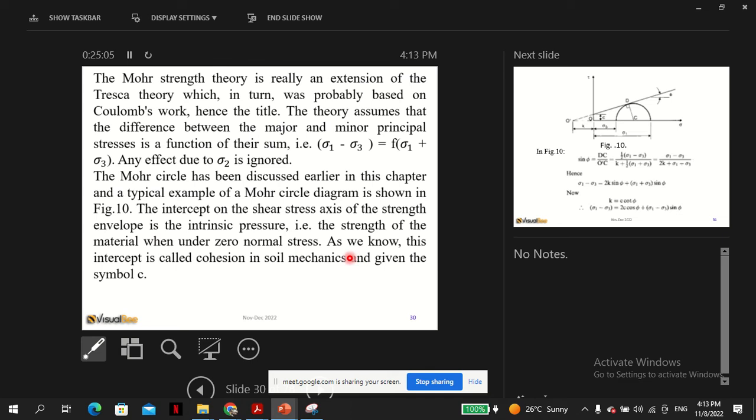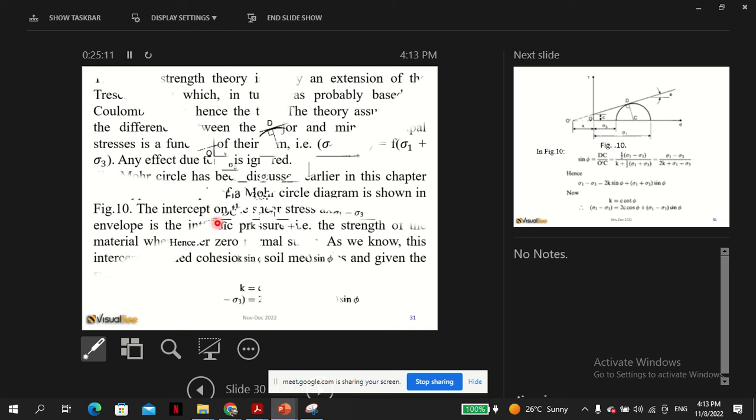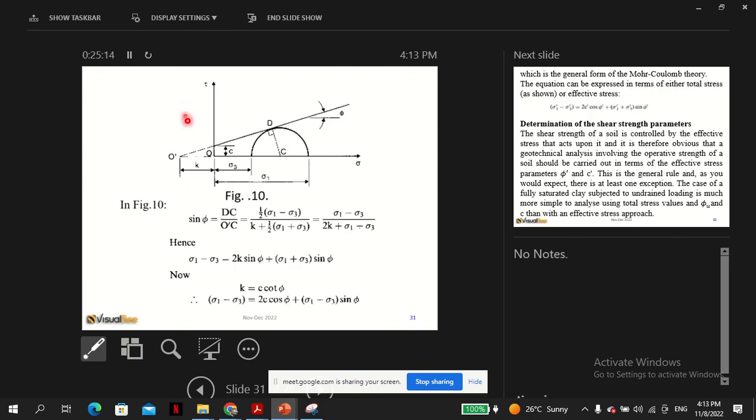As we know, this intercept is called cohesion in soil mechanics and given the symbol C. So this is the idea, and if you want to know this angle phi, it is DC over O prime C, with this being 90 degrees. From the trigonometric relationships, you can follow this and express C in terms of these values.